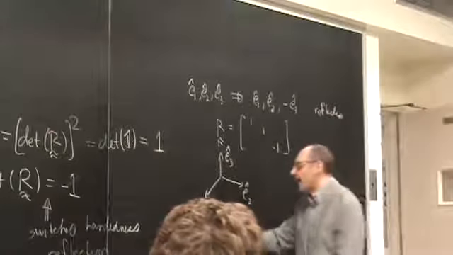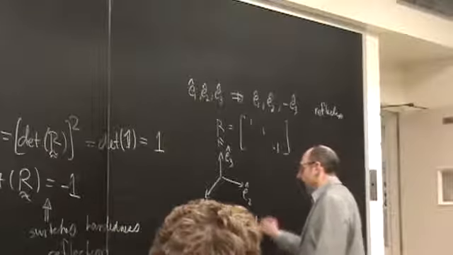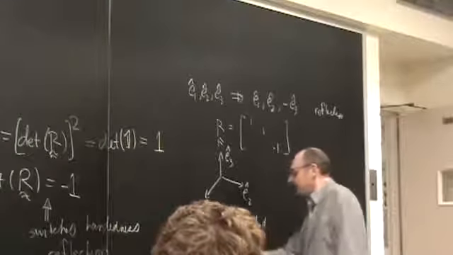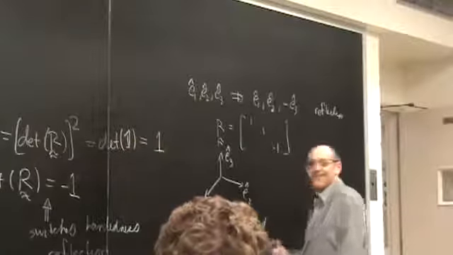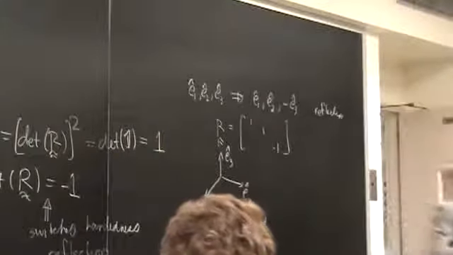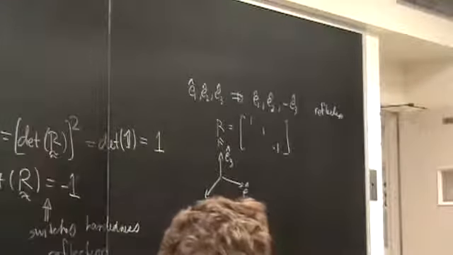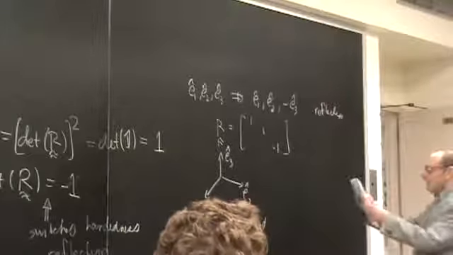So this is a right-handed coordinate system. Make sure if you're a right-handed person that when you do the right-hand rule, you put down your pen. Not going to work. All right.